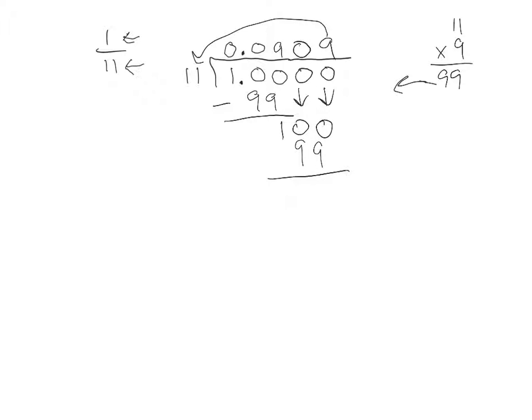And we could see this is going to continue forever. This pattern of 0, 9, 0, 9, 0, 9. So if you want to stop right there, you could just put a line on top, because this pattern is going to continue forever. You could have just put 0.09 with the line on top, because we know that's going to continue on forever. So let me know if this makes sense.